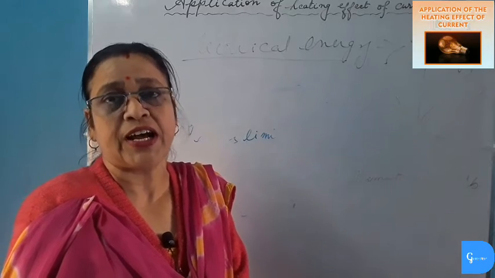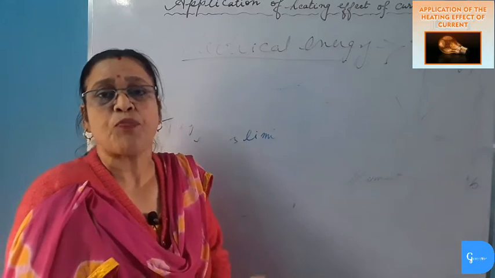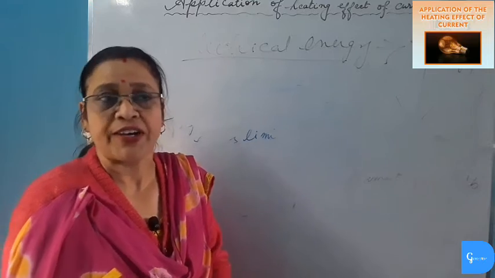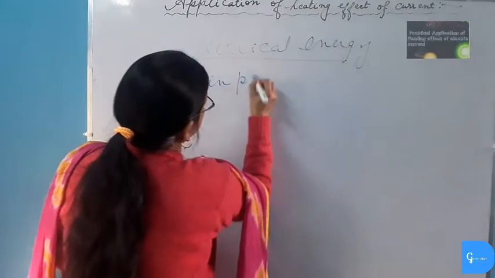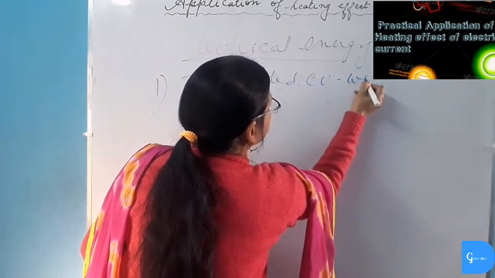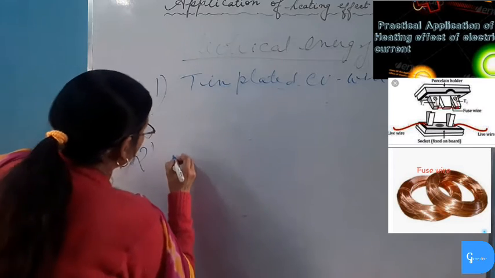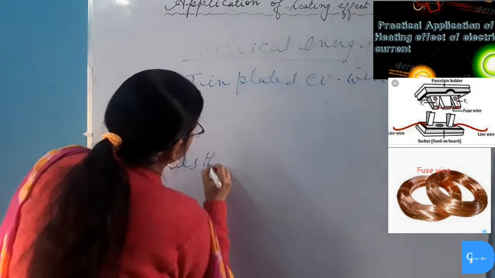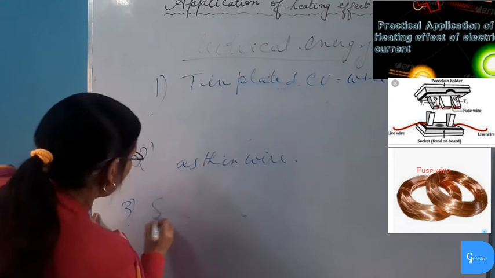Third case, we will see that heating effect of electric current is also used in fuse wire, and this is the most important application of heating effect of current. Fuse wire is made of tin plated copper wire. Fuse wire is used as thin wire and short also.